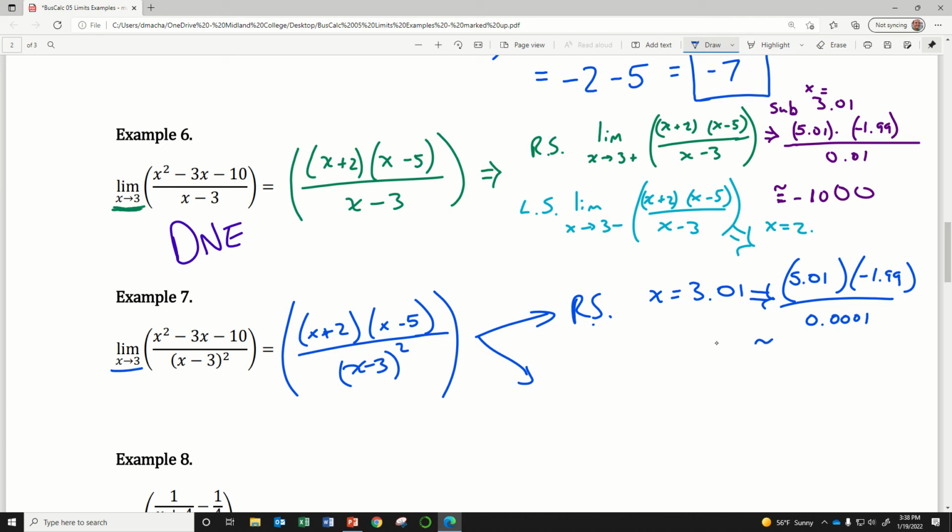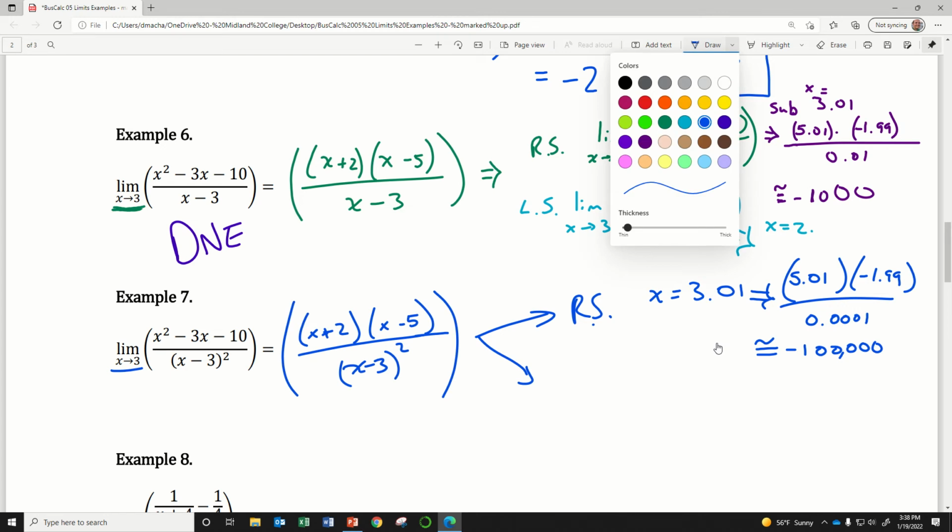And so just to the right of x equals 3, I get a really, really large negative number. It's going to be negative 100,000. And you can check my math.